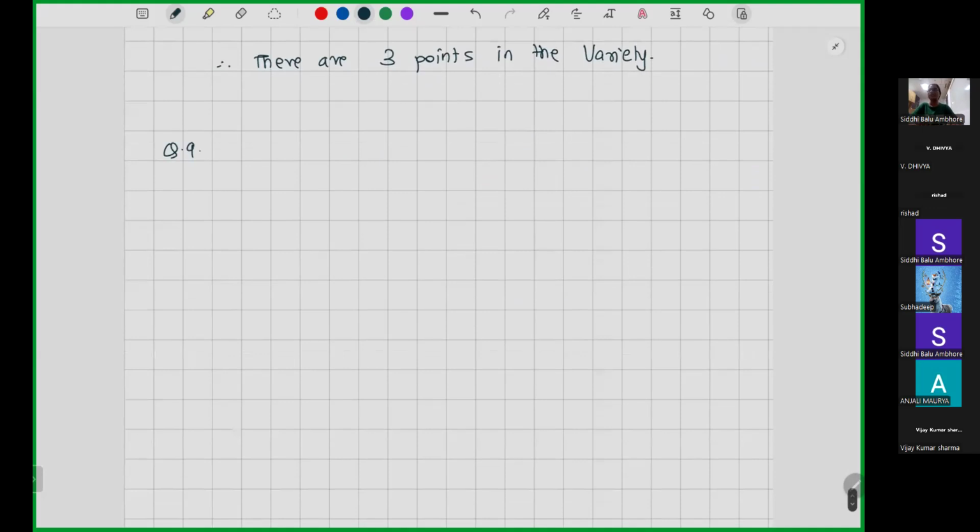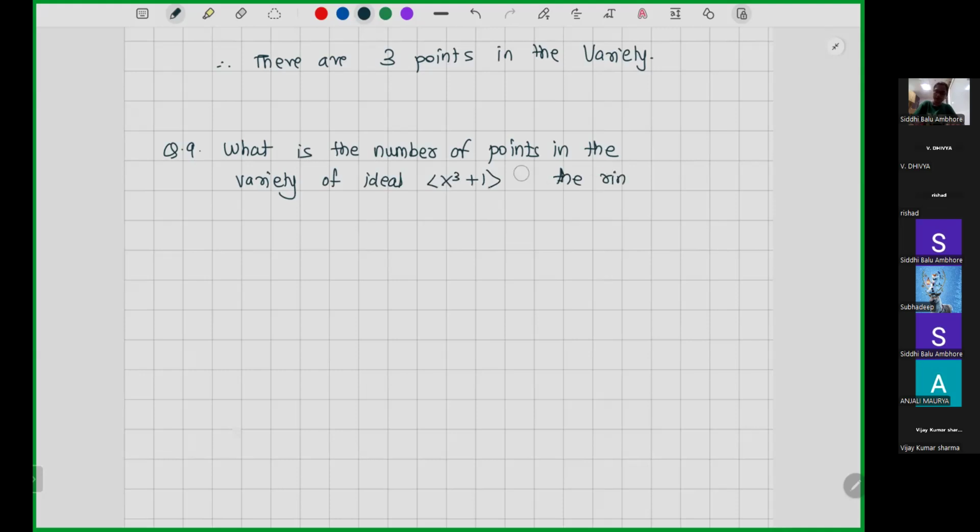Okay. We'll just do this question quickly. It's already 5, but let's see. The number of points in the variety. Again, it is more or less the same question, but now you will see what's the difference.